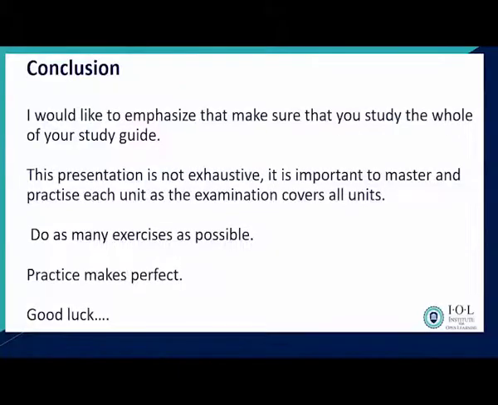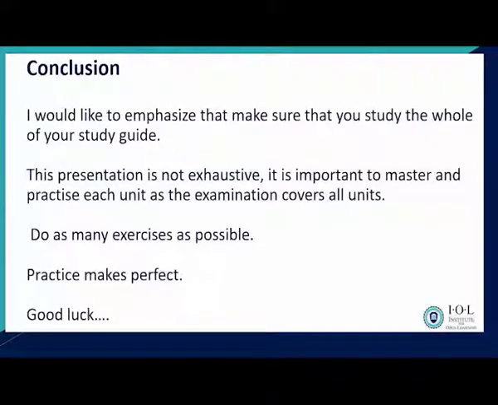And to conclude, I would like to emphasize that you should make sure that you study the whole study guide. You cover the units. There are lesson objectives. Please try. One lesson objective is not asked now in the assignment, but you will find it in the other one. And because this presentation is not exhaustive, it is important.